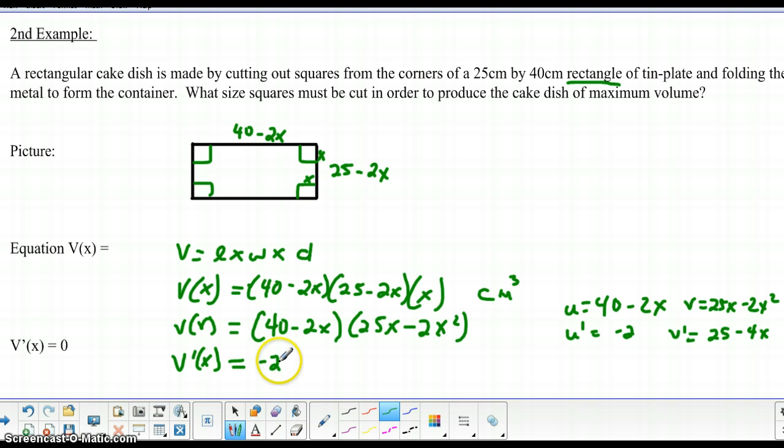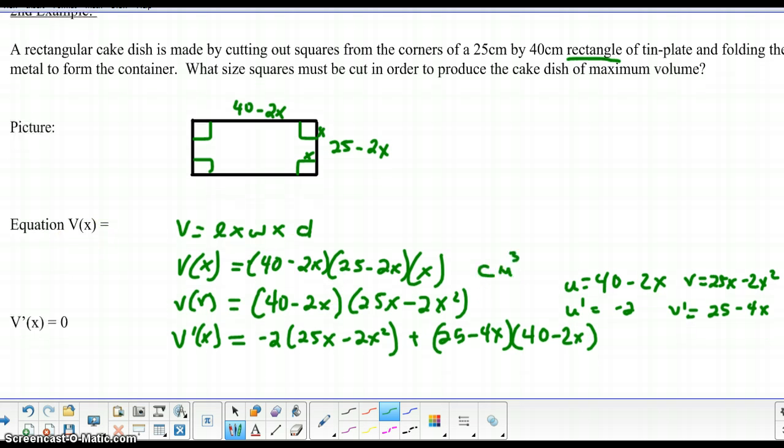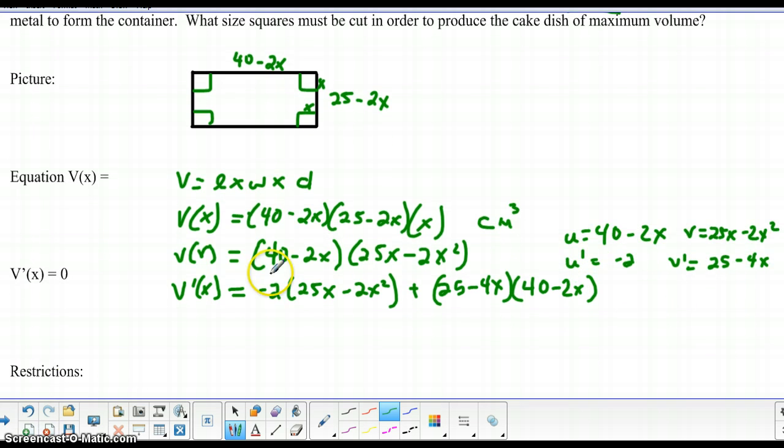We have minus 2, our u prime, times my v, plus my v prime times my u. Okay. Let's pause the video and allow you to finish this multiplication out and set equal to 0, and then I'll bring you back.